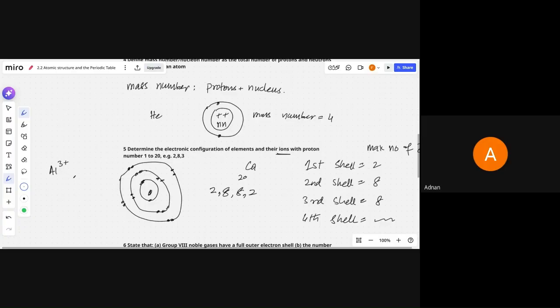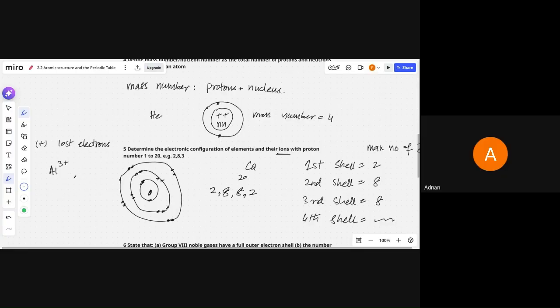It is very important that when you see a positive sign on an atom, it means that it has lost electrons, and the number of electrons lost will be equal to the charge on this ion. So it is 3, which means that aluminum has lost 3 electrons here. This is very important, and you should write it down, or you can make a flashcard about this concept.